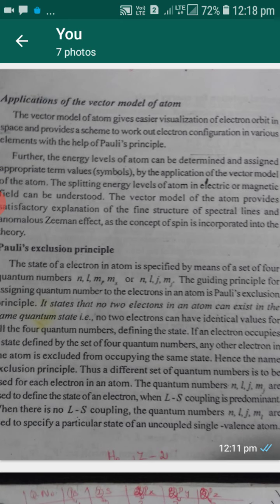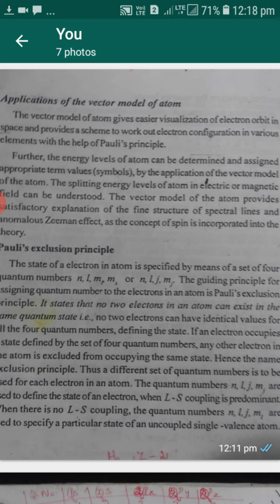The next quantum number we have studied is the orbital quantum number. The orbital quantum number is represented by L. This L takes values from 0, 1, 2, 3, etc., to n minus 1. For n values, the possible values of L permitted are 0, 1, 2, 3, etc., to n minus 1.